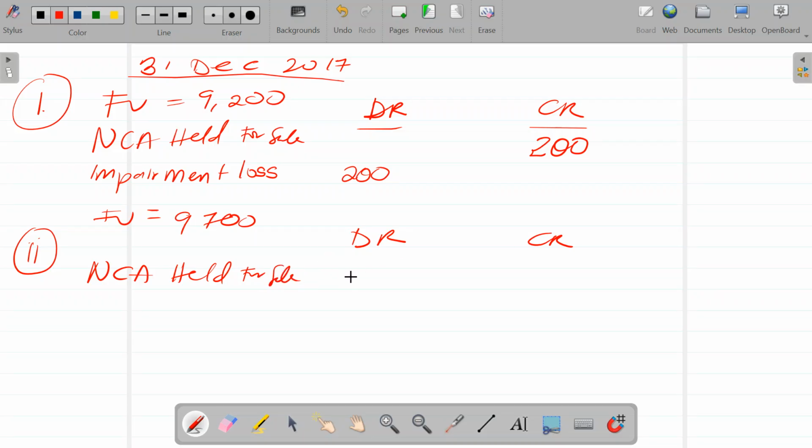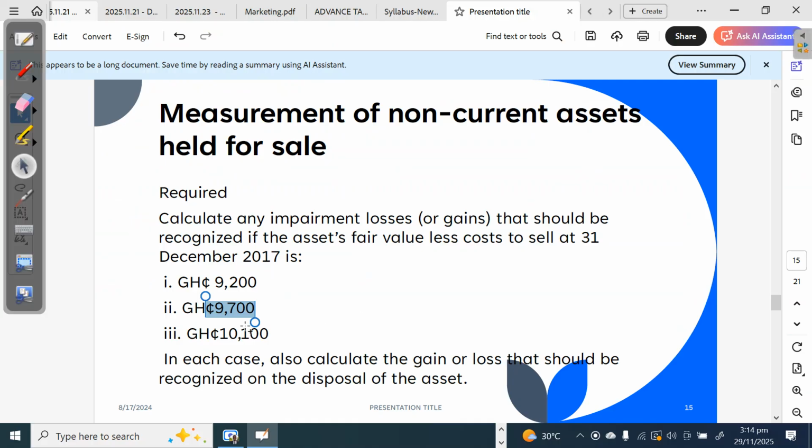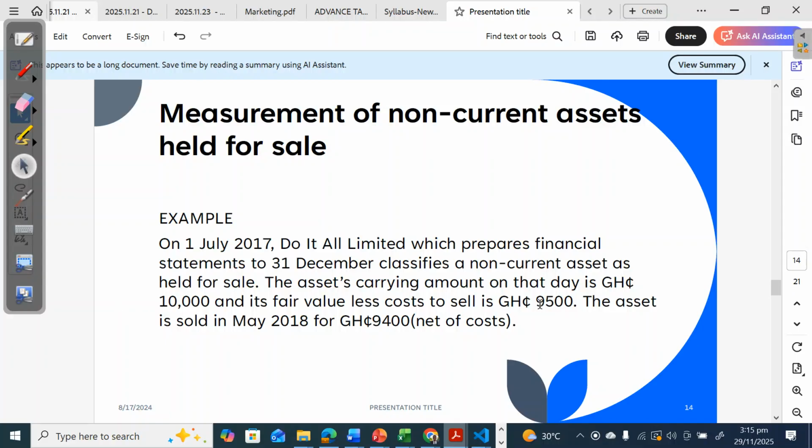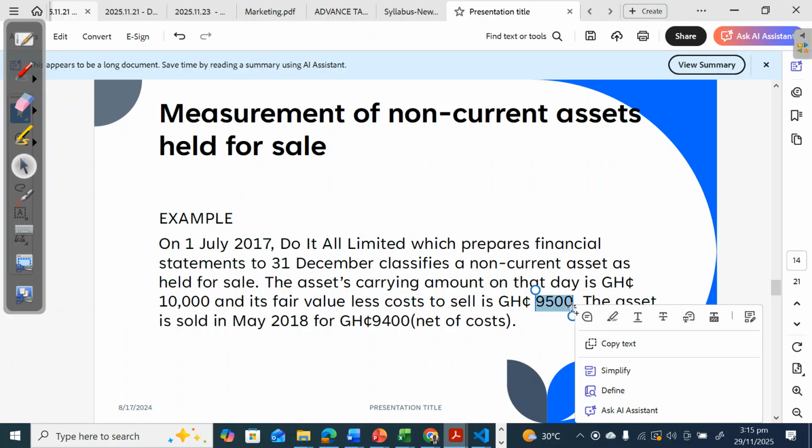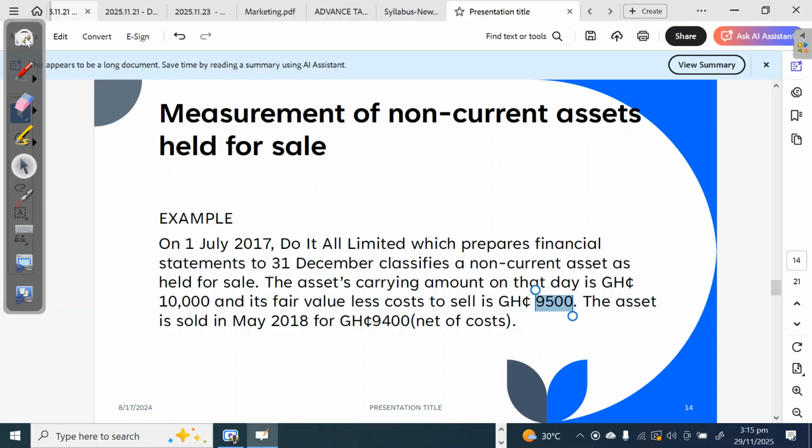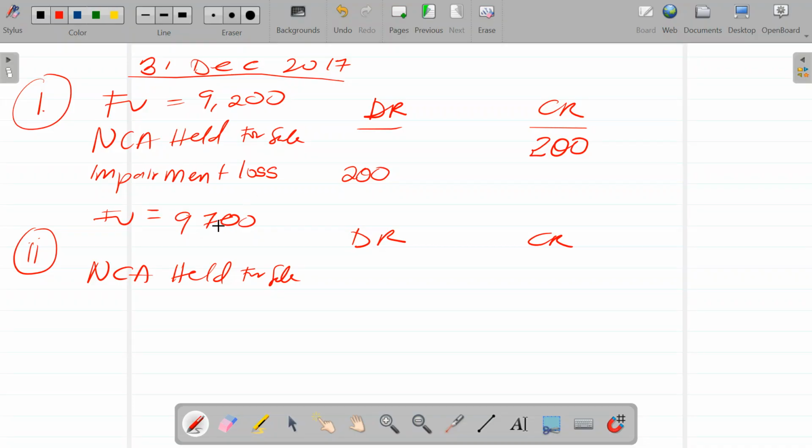By how much? Is it not 500? Let me see. The current value at the first scenario is 9,200, so that is what we are comparing against the fair value of 9,700. Okay, I get your point.